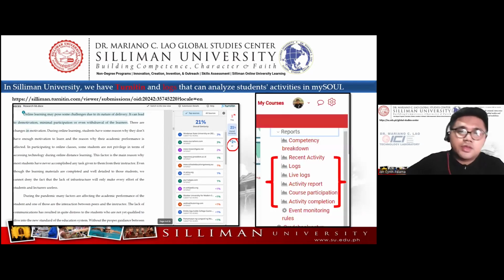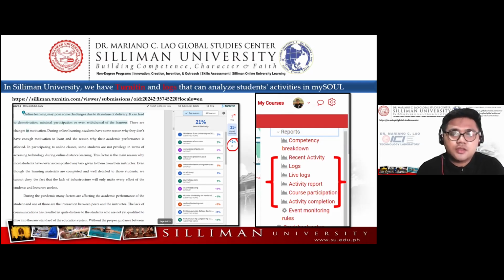So take note that in our virtual classroom, once the teacher is enabling Turnitin or AI in the classroom, once you submit an assignment, for example an activity, and the teacher was able to enable the settings for Turnitin, it will be reading your content.